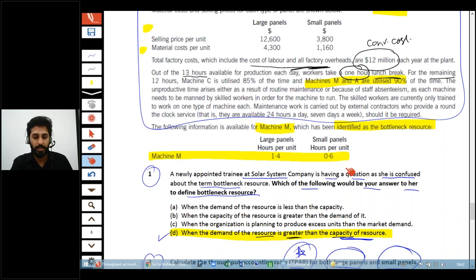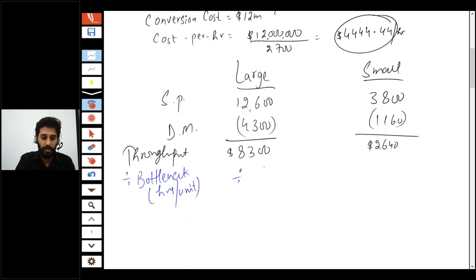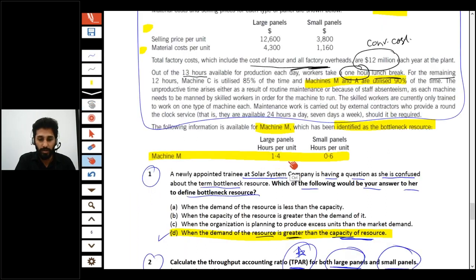So throughput is divided by bottleneck hours per unit, 1.4 and 0.6.